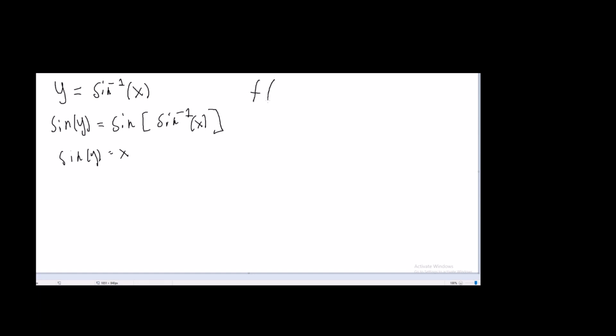Like if you have f of the inverse of f of x, then you'll always get back your x.